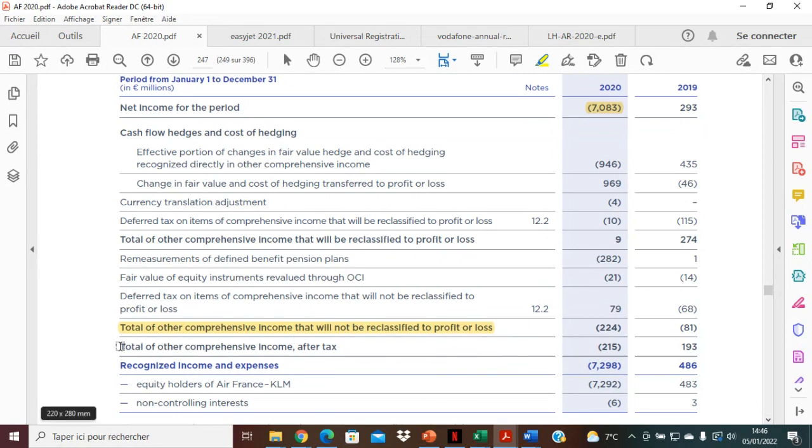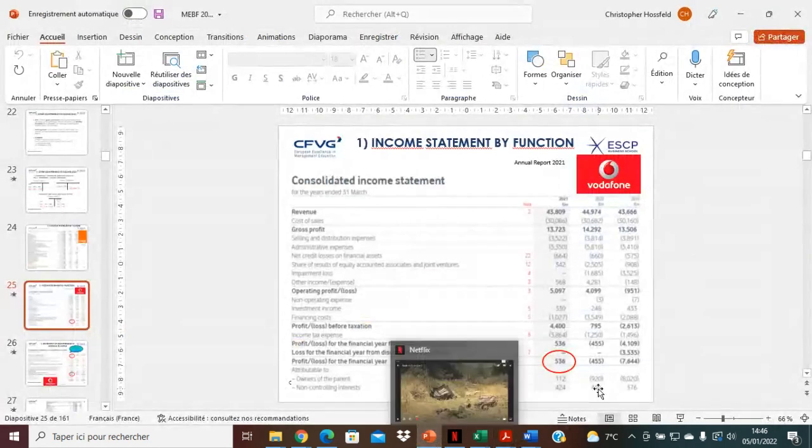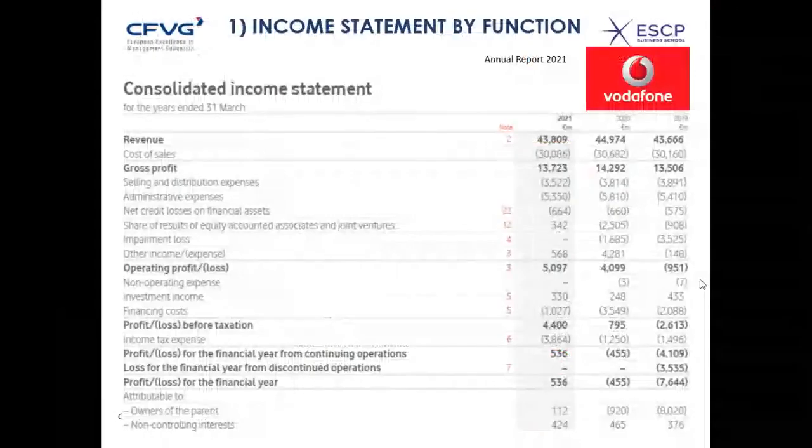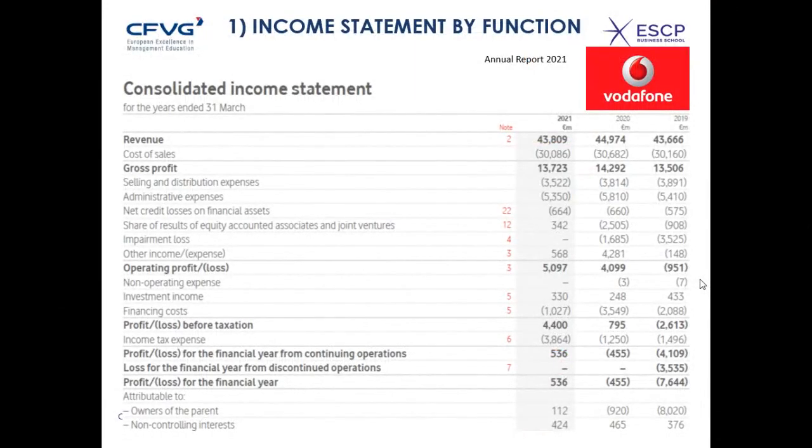Well, here more or less total other comprehensive income, and then I have profit plus total other comprehensive income equals total comprehensive income. So indeed, yes, that's correct. Air France uses the two-statement approach, like most other companies.